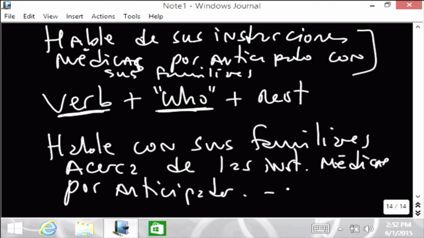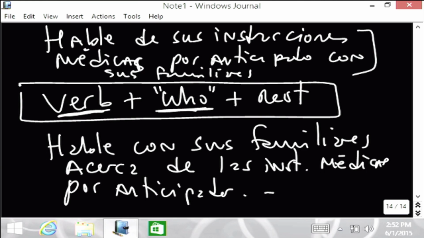Por anticipado, por adelantado, they're both correct terms. But the thing that we want to talk about is this structure. When you see a verb and there is also in the structure an individual or a group of people and they are close, I mean, the verb is modifying them or they are related, they are linked, which they always are, by the way, then you put that first and then you put the rest.